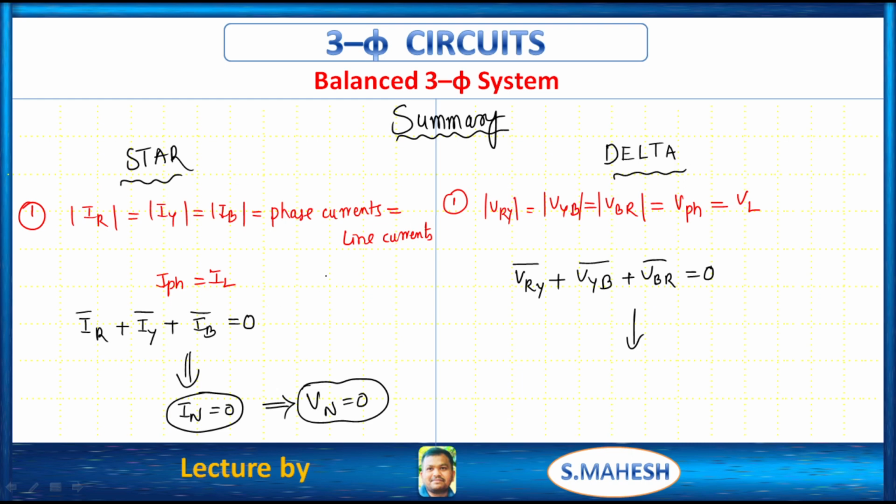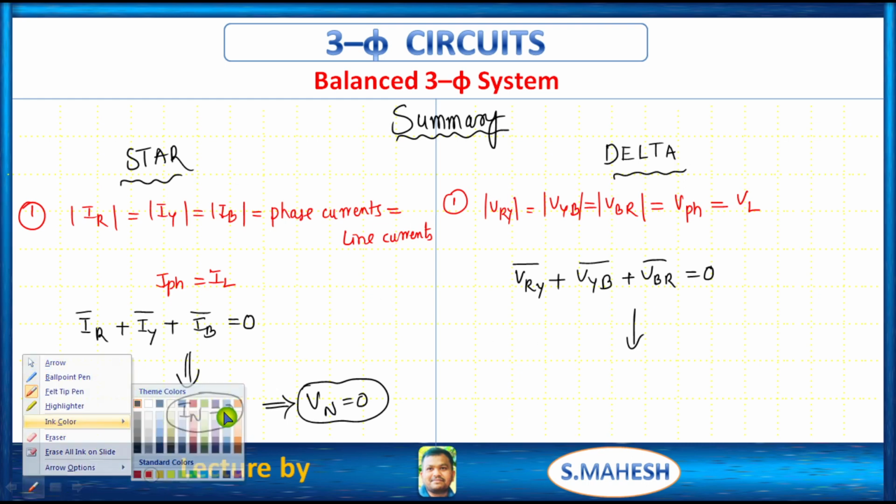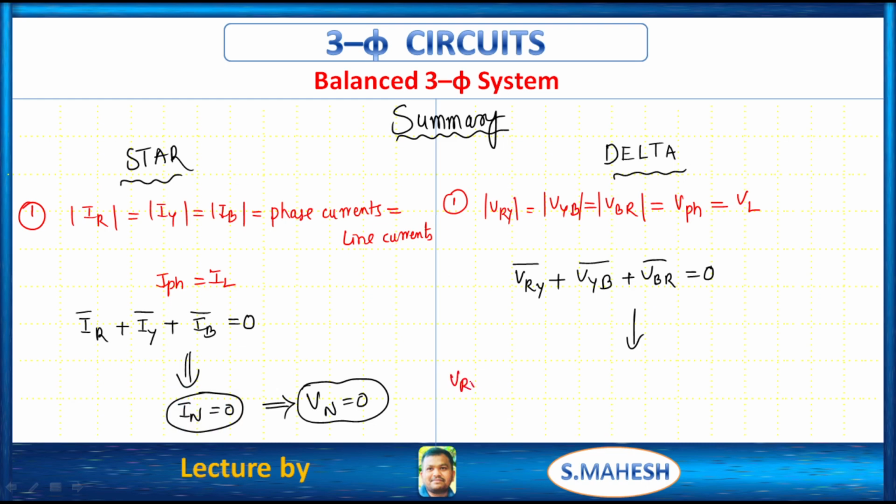Next, what is the meaning here? VRY at an angle 0 plus VYB at an angle minus 120 plus VBR at minus 240. That is the meaning. Okay.